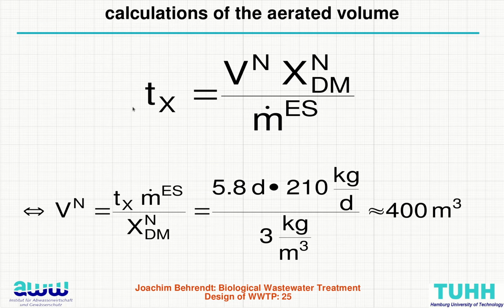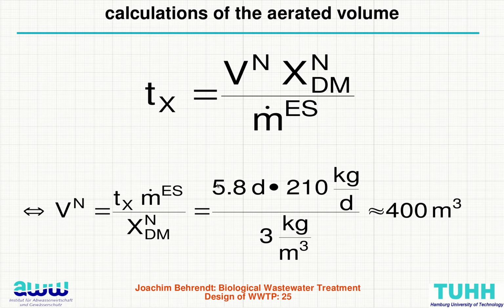Yeah, with this information we can calculate our sludge retention time, which is here from our aerated volume for nitrification. We have our concentration given, we have our volume and what sludge we are producing. We can rearrange these equations, and this ends up in 400 cubic meters.